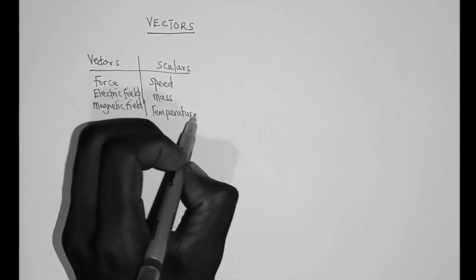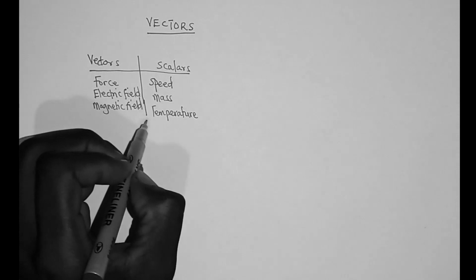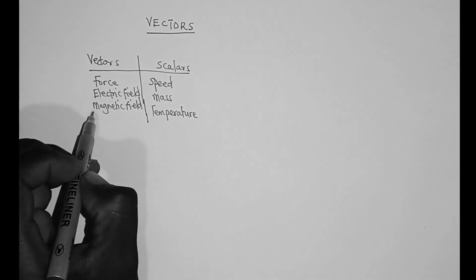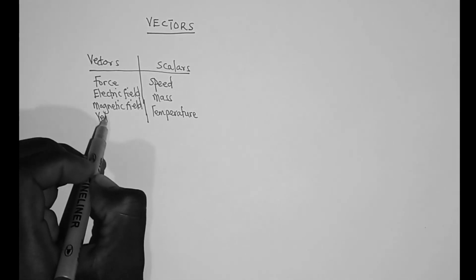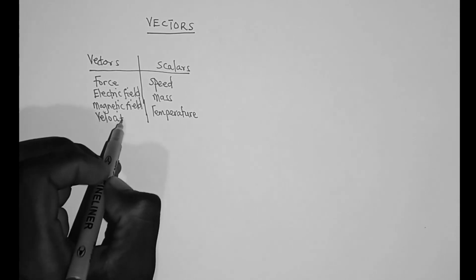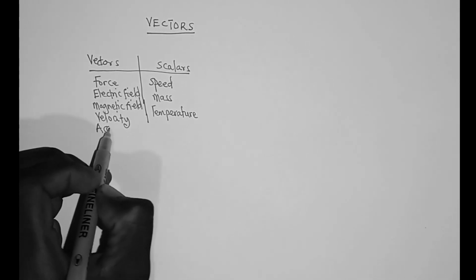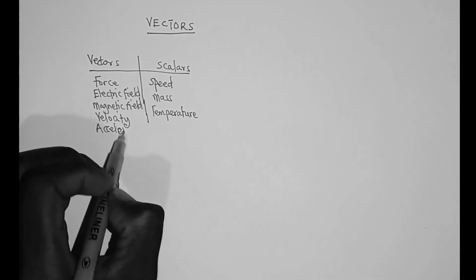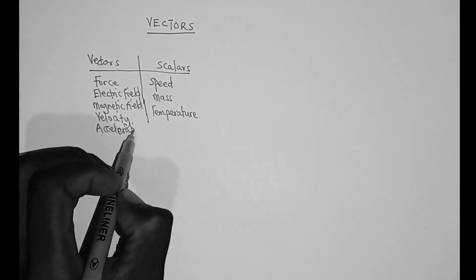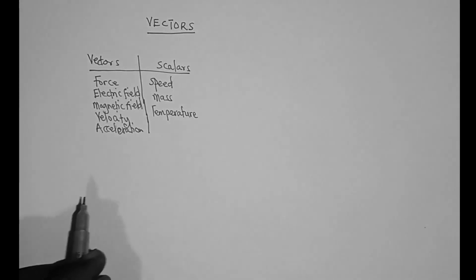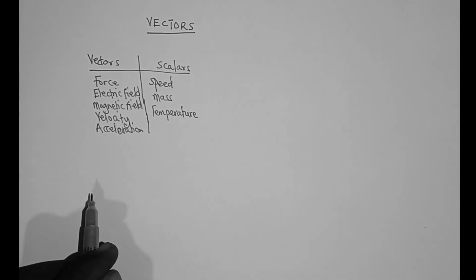It does not have any direction. Then another vector quantity we can talk about is the velocity. Velocity is also a vector quantity. Acceleration is also a vector quantity. So these are some examples of vectors and scalars.